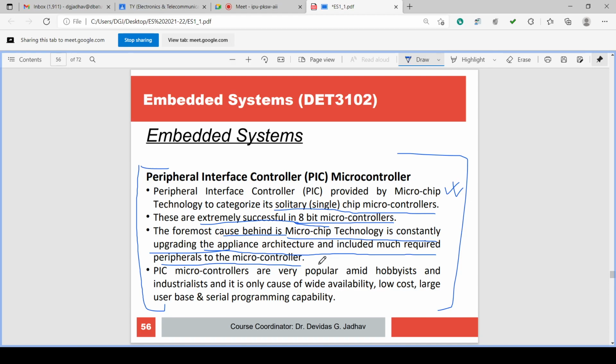So the Peripheral Interface Controller, the PIC controller, has these causes for becoming popular among hobbyists, industrialists, projects, and students. It is extremely successful because it is extremely popular in use. So this is about the Peripheral Interface Controller.